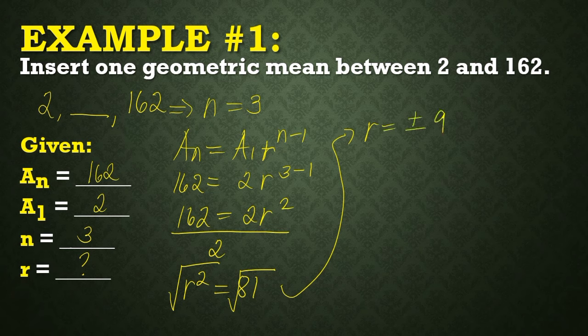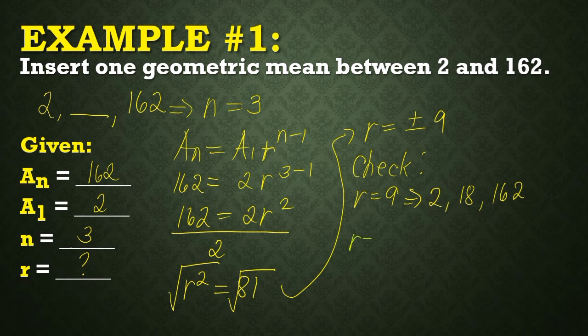So, in here, there are two possible values of the common ratio, because the signs can alternate or they can all be positive. If our ratio is positive, so if r equals 9, then our terms are 2 times 9, that is 18, times 9, 162.